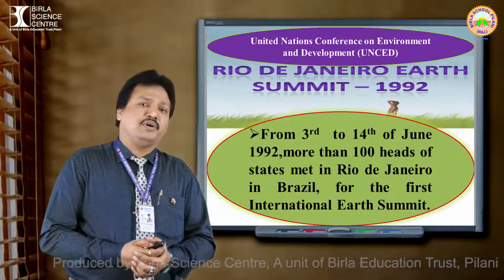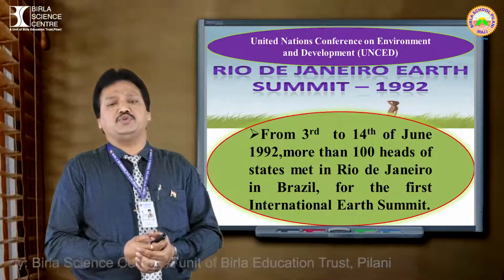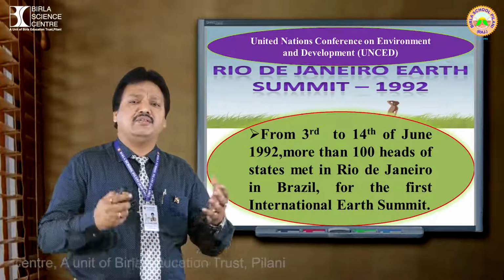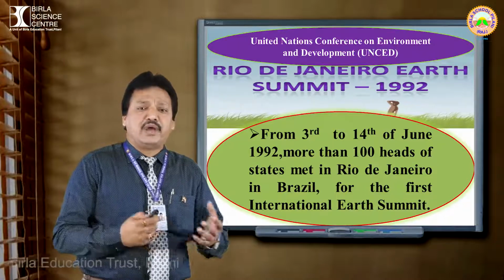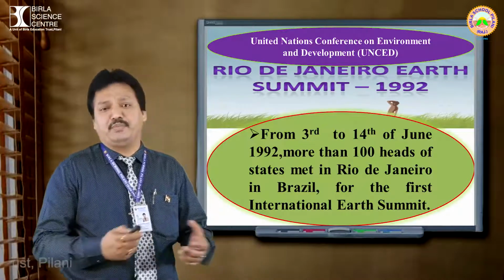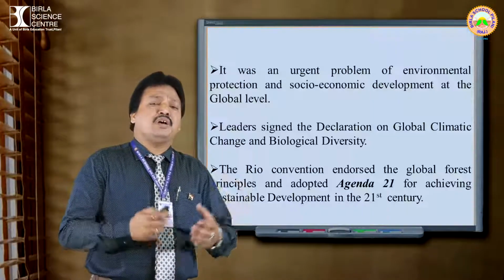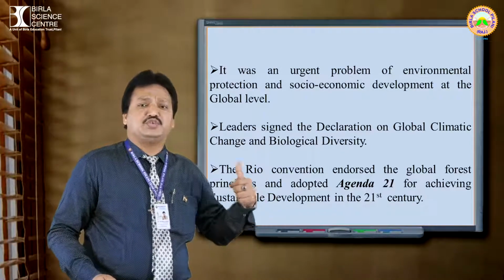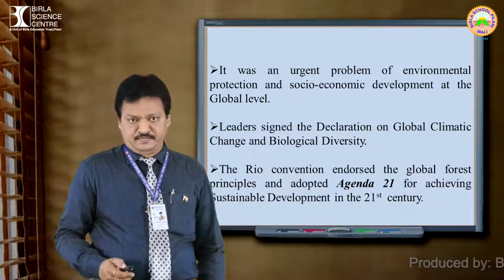It was held from 3rd June to 14th June 1992, and more than 100 heads of state met in Rio de Janeiro in Brazil for the first International Earth Summit. They focused on the urgent problem of environmental protection and socio-economic development at the global level.